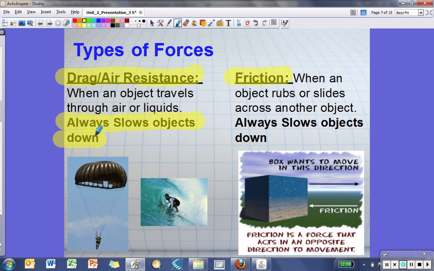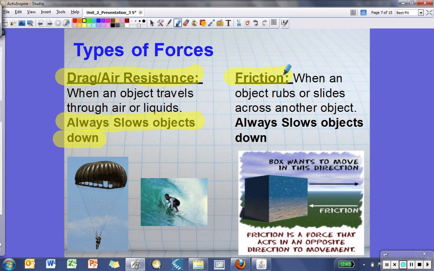And that's what a car has to go through. So a car is constantly feeling like it's being pushed backwards. And that's what's going to happen to your car project: the air is going to be pushing back on your car. So you've got to figure out a way to overcome that. It's always going to be there. There's a certain shape that you can make your car that's going to allow it to go through the air better. Okay?